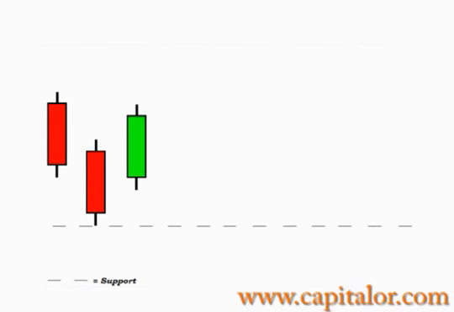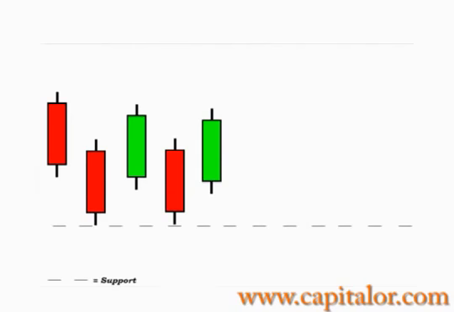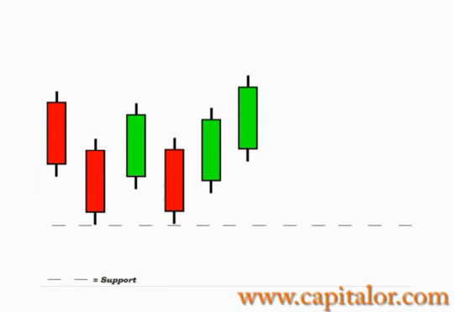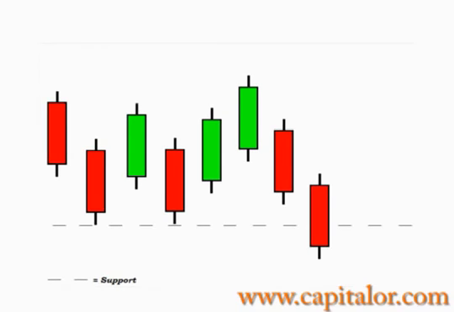Then it tries the support once again, but it doesn't manage to get through, and it goes up a little once again and goes up a little more, but soon it starts to decline again and manages with force to push its head below the support line, but it doesn't have enough power to make a new low, and it goes up again.